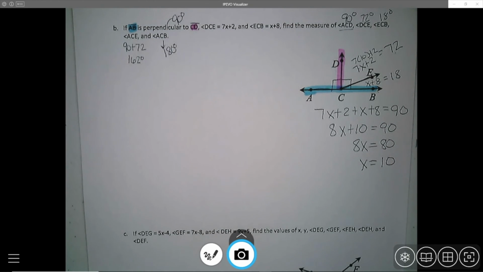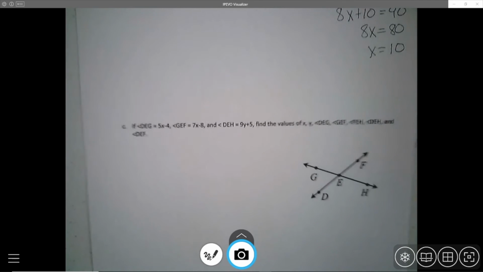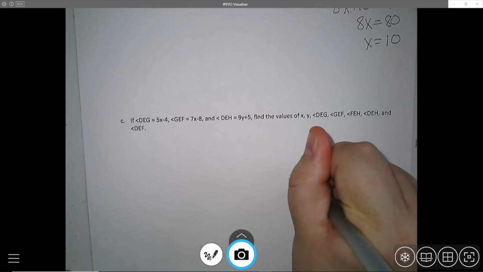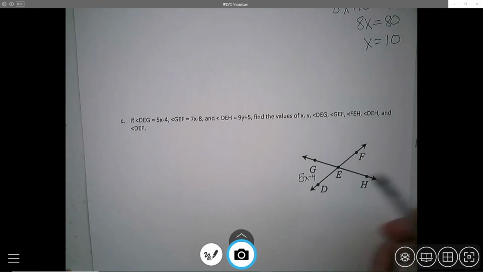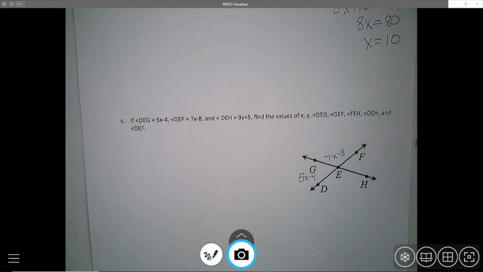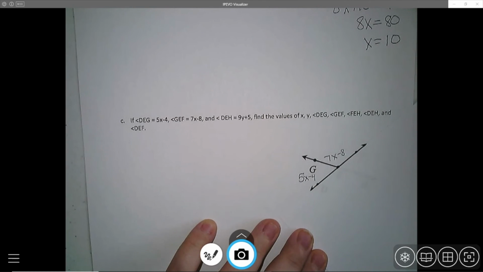Okay, let's go down here to another one. Going down here to C, DEG is 5x minus 4. GEF is 7x minus 8. Stop right there. If you have marked a couple pieces of information, I'm going to cover up what I don't have marked.